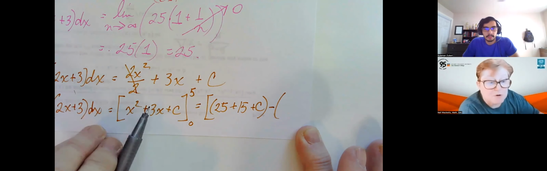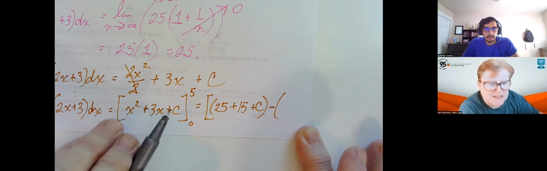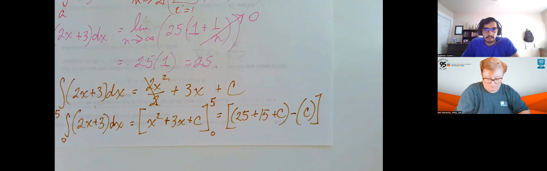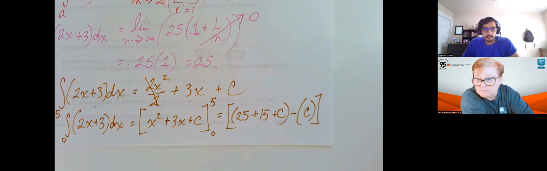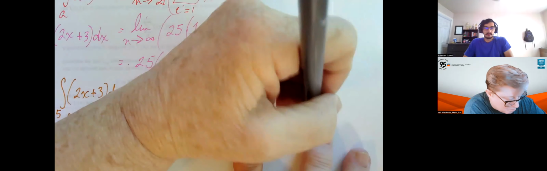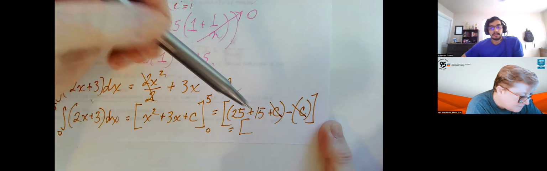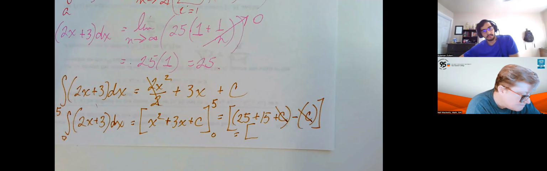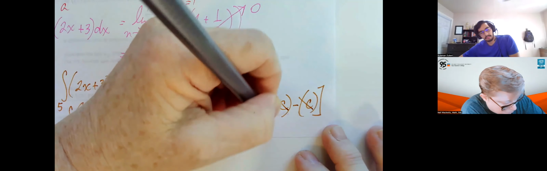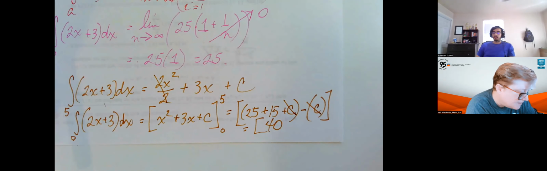So we get 0 plus 0 plus c. And what happens with the c's? They cancel out. Yep. So we just get, let's see, 40. Good. So that's what we should have gotten here.